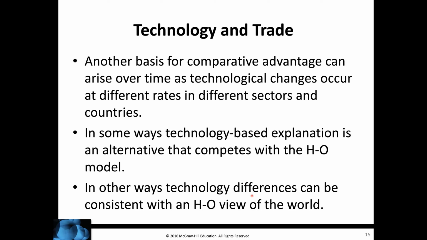In other ways, technology differences can be consistent with an HO view of the world. So one effort to find a pattern in these technology activities is the product cycle hypothesis, which has to do with individual products and the product cycle.